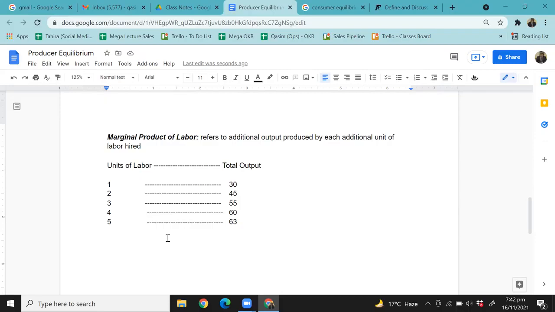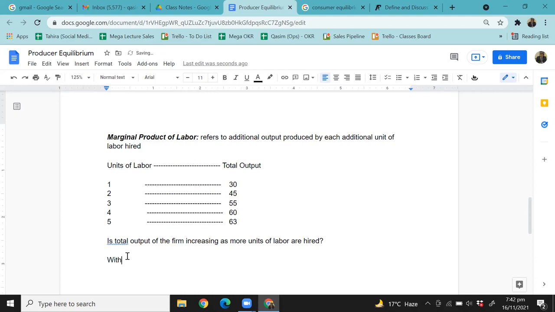First question, is total output increasing as more labor is hired? Total output is increasing. Okay. The average output is decreasing. That's correct. Very smart. Right. Another thing.